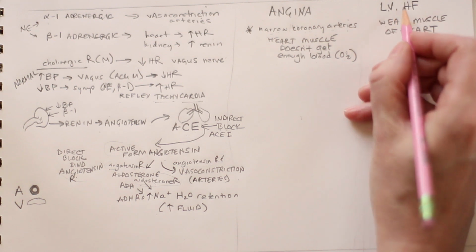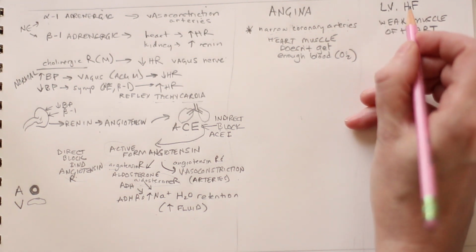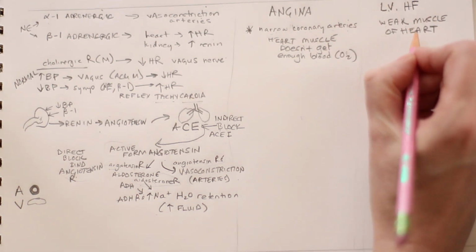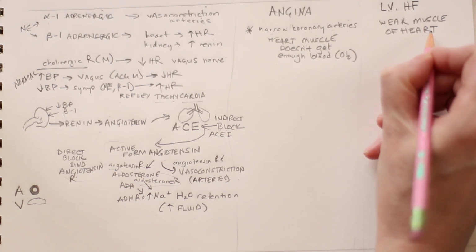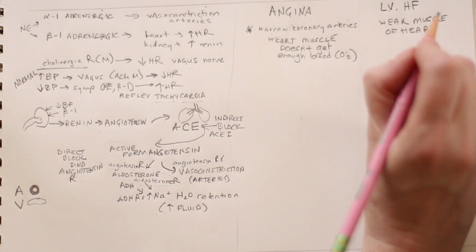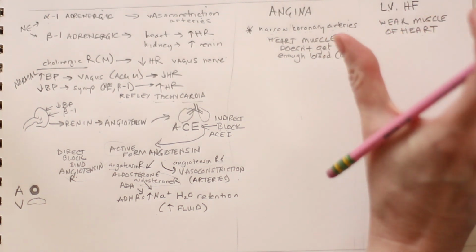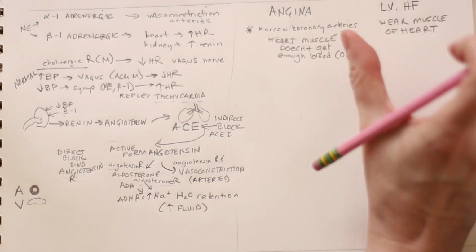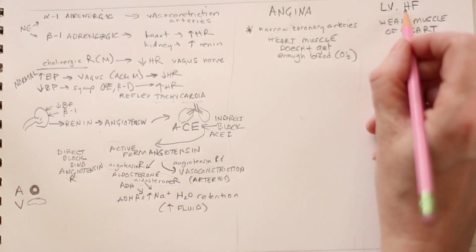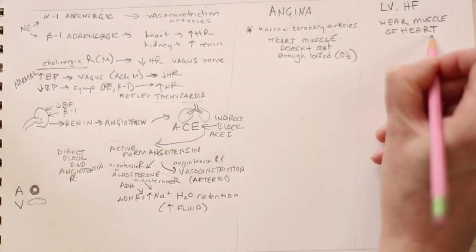Okay? The heart failure we're talking about, left ventricular heart failure, specifically means that there's a part of the heart that is a scar, because we're presuming that the patient had a heart attack and survived. So it's not a huge scar. Their heart can still kind of work, but it's weaker. Okay, so heart failure is a weak muscle of the heart itself.